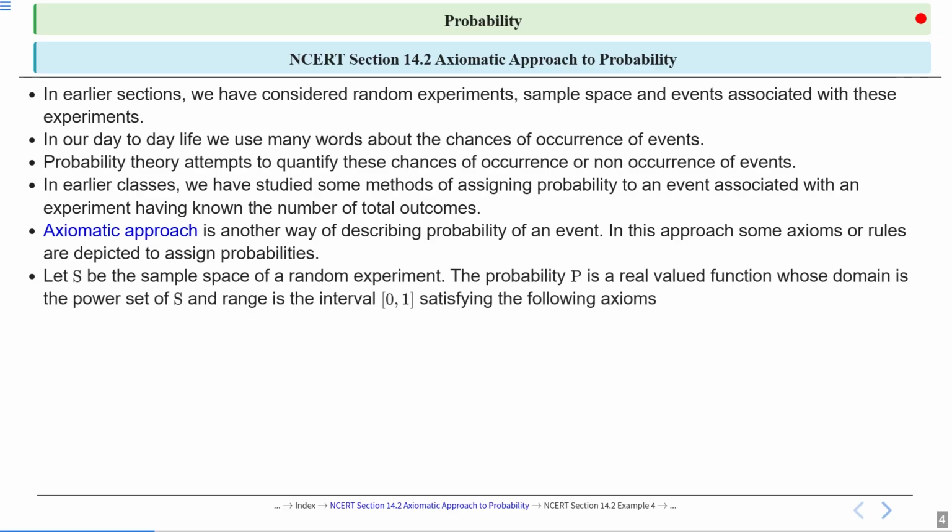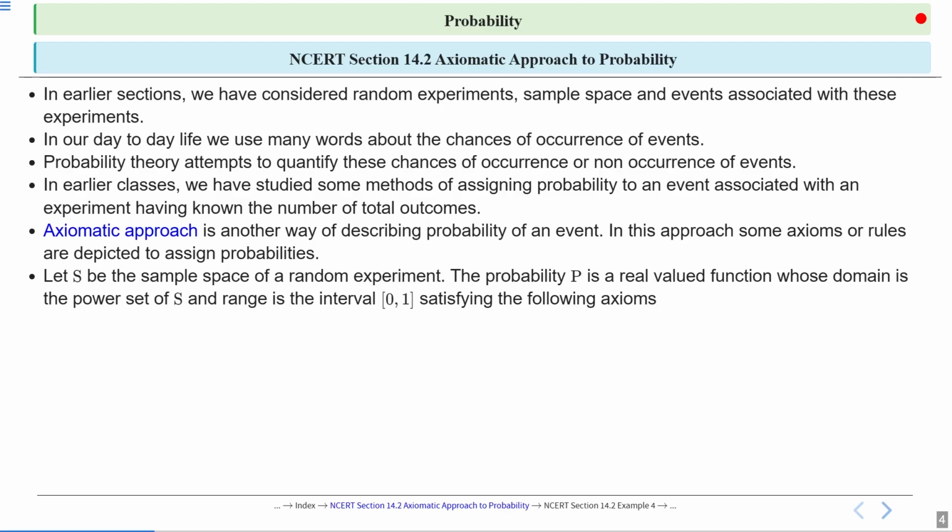Let S be the sample space. So what is sample space? We have studied about sample space. Sample space is nothing but the set of all outcomes of a random experiment. And what do we mean by a random experiment?